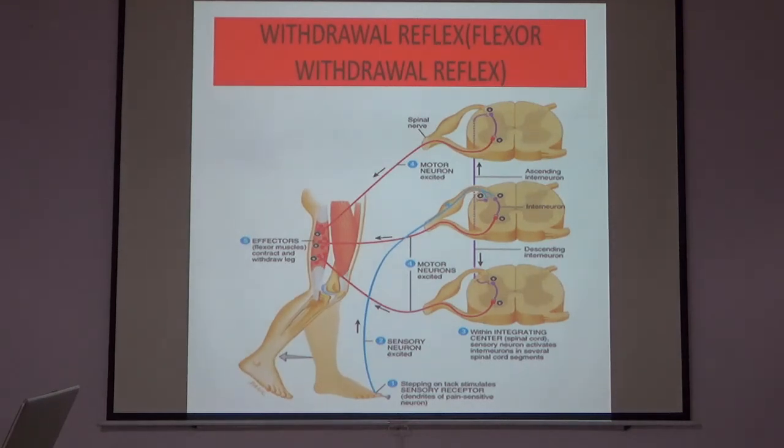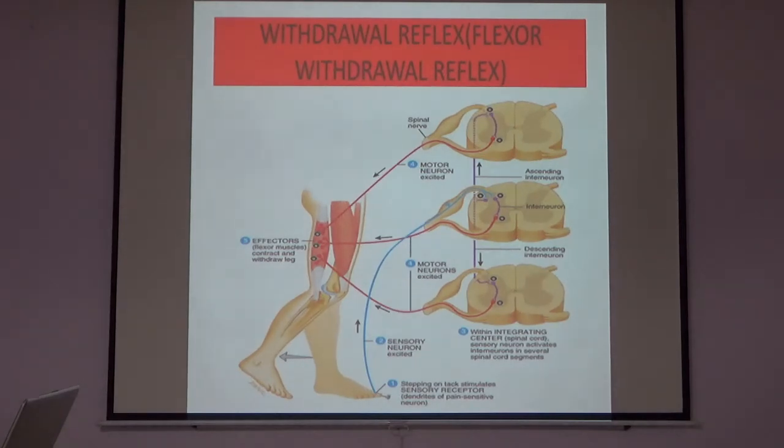So when your leg steps on a thorn or a hot surface or a very cold surface, there is a reflex withdrawal of your limb, or of your hand, and this is produced by the flexor withdrawal reflex.